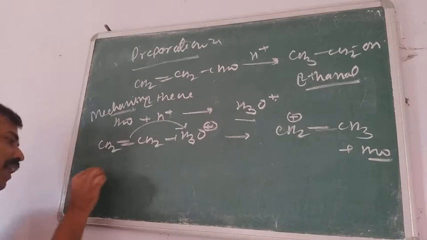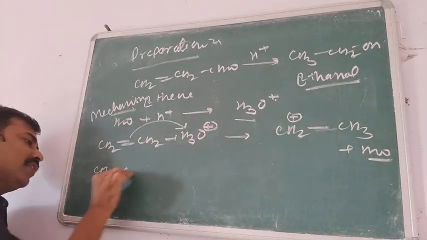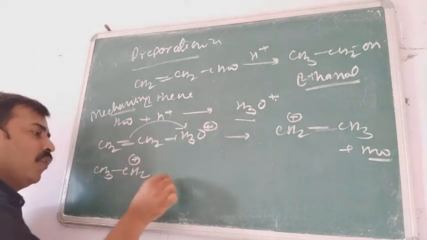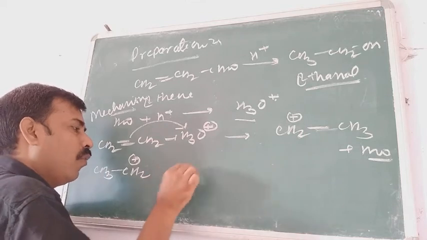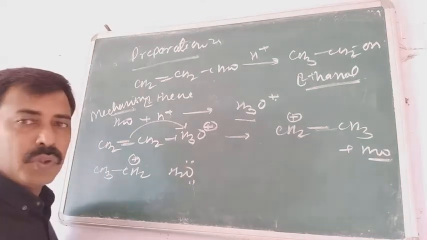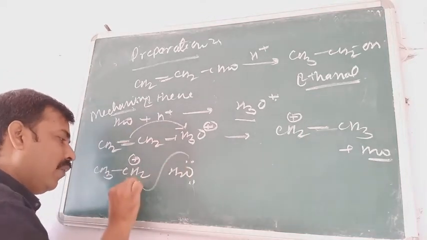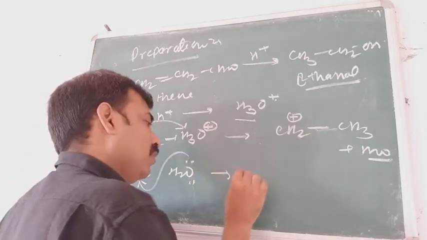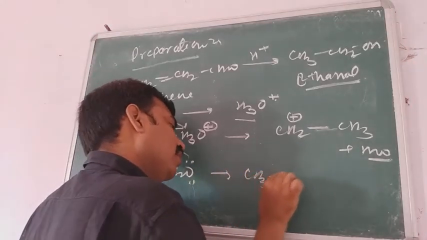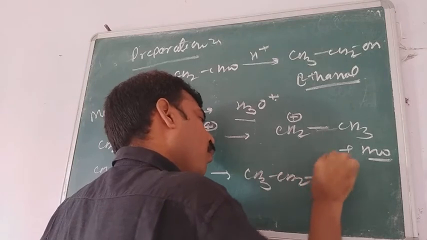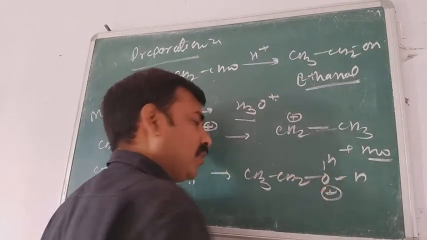Now, this one, that is the CH3CH2 positive, will again approach water, having two lone pairs. And when it approaches, it will form CH3CH2OH2 positive.